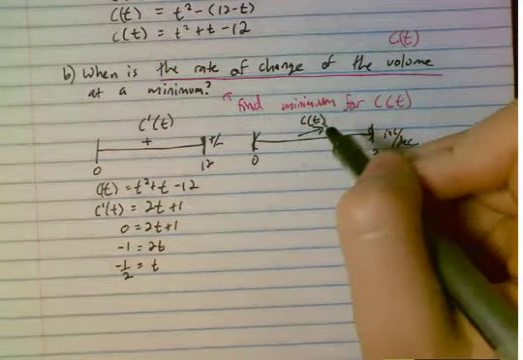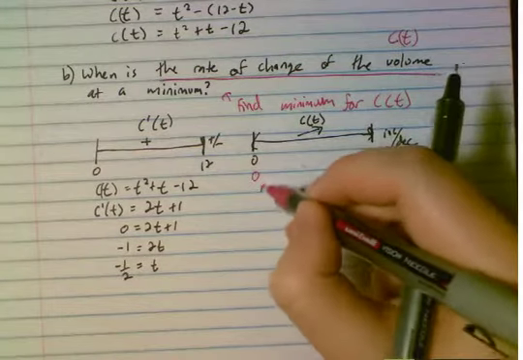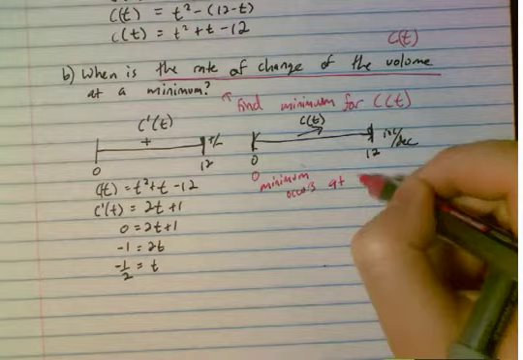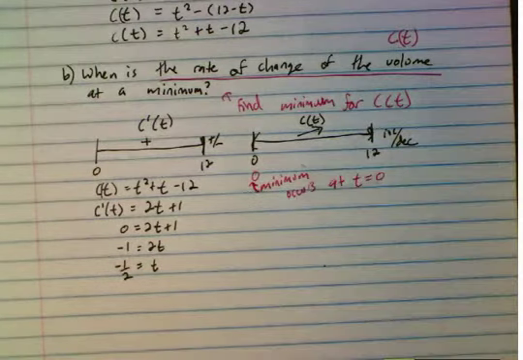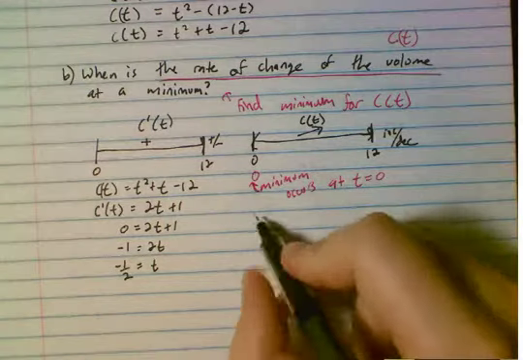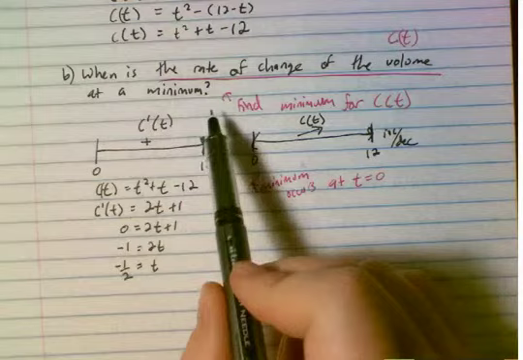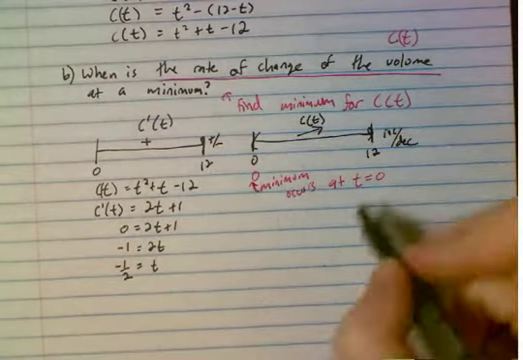That means the minimum occurs at t equals 0. We don't have to check any other points, that's the only one. Because we're asked for when the rate of change of volume is at a minimum, this is all that we need.